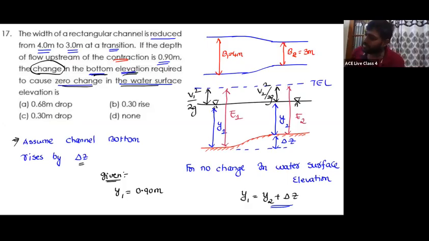Whenever there is no change in the water surface elevation, measured from the bed level, from the datum, the total energy line is also going to be horizontal, and V1 square by 2g and V2 square by 2g are the same. Velocities are going to be the same.